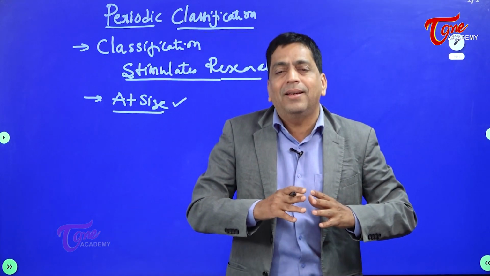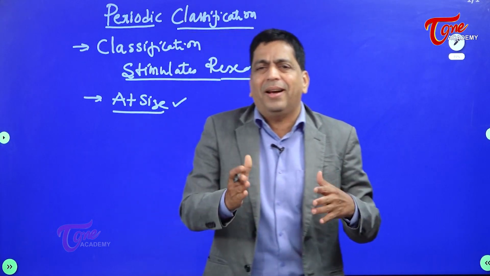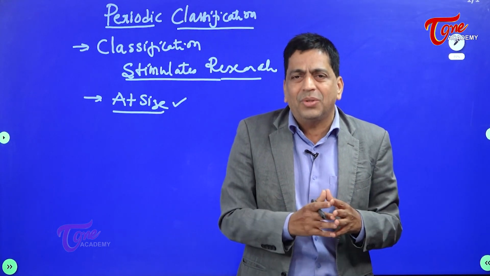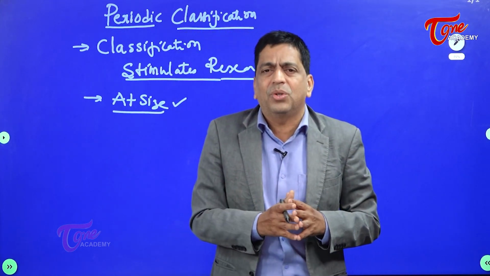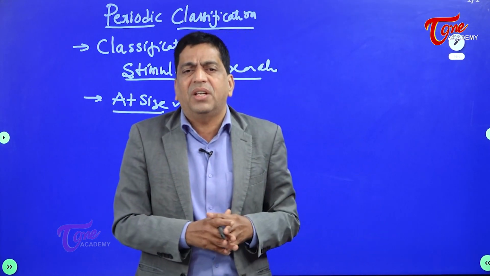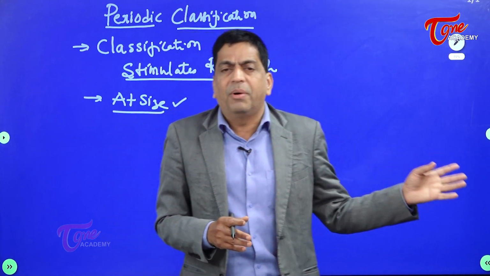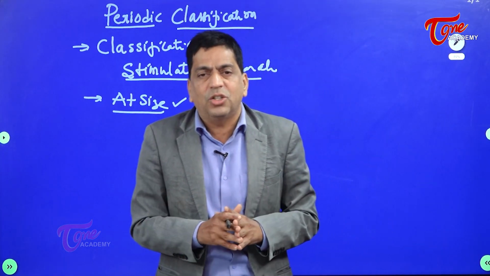They're something like history. They attempted it, and somewhere in the middle there are some positives and some negatives, but mostly negative. So these classifications of Mendeleev, Dobereiner and other attempts made by people are obsolete, and those will not be asked in your exam.